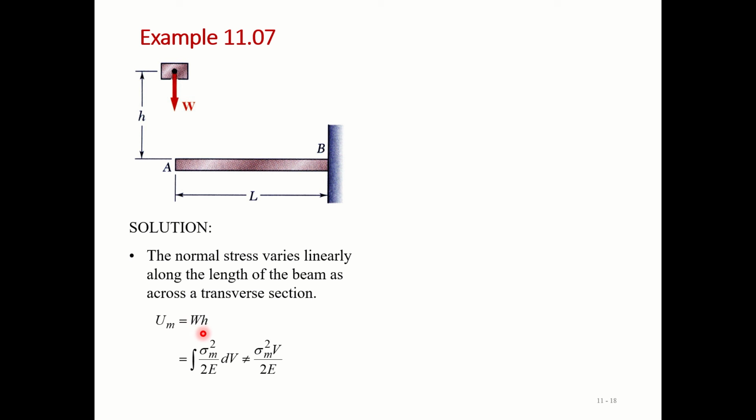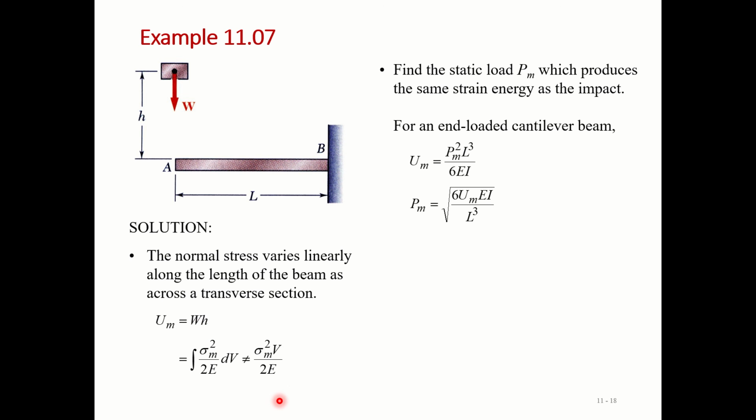So we do not know the velocity, so we can say that the potential energy was converted to kinetic energy, and that was converted into the strain energy of the rod. So we can use the potential energy as well, but initially it has this kind of energy, having weight and dropping from certain height h.